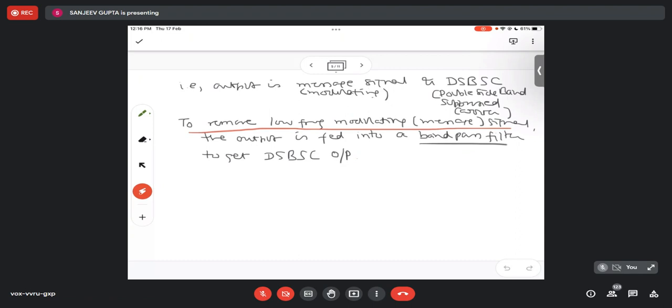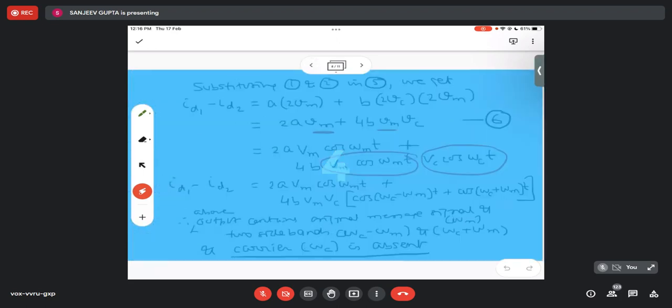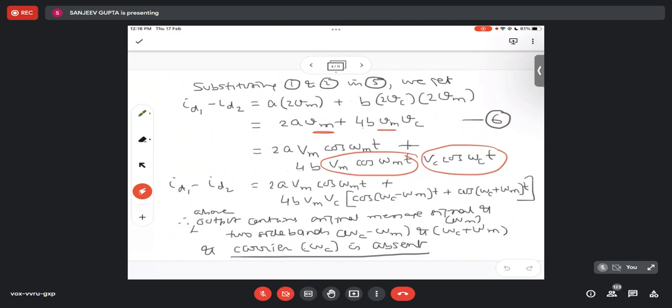So I just use a band pass filter to remove that particular frequency. If my message frequency is say 10 kilohertz and carrier frequency is 100 kilohertz, from this equation I will get the message frequency 10 kilohertz and two side frequencies, 90 and 110. That means 100 minus 10 and 100 plus 10. So I get three frequencies: the original message signal at 10 kilohertz and two side frequencies, 90 and 110.